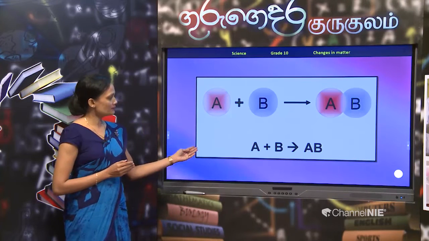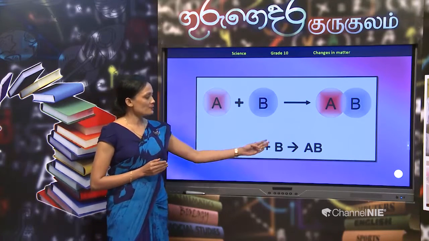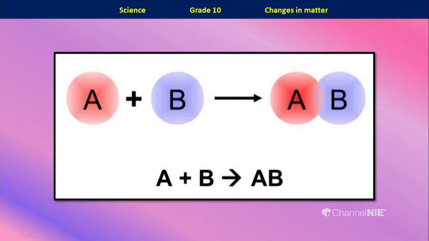Look at this one. A reacts with B and forms AB. So if you remember that common formula, it is easy for you to remember the chemical combination reactions. It is also given by using that figure. A, B and AB. Okay, it is clear to you.